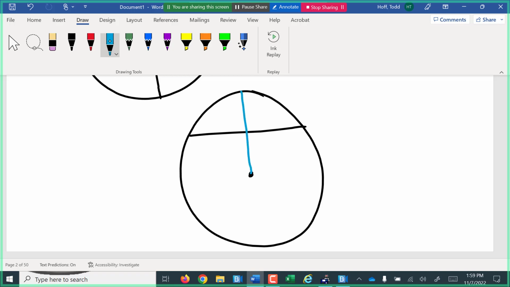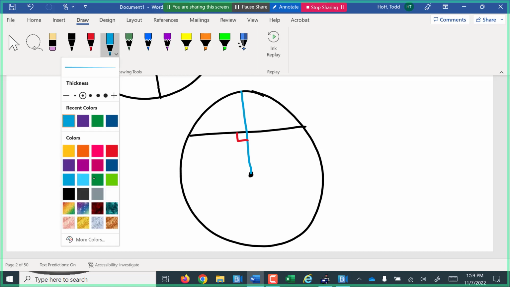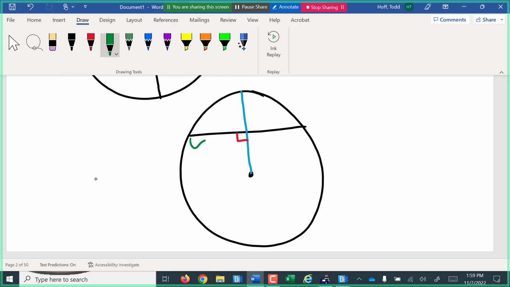If the radius of the circle cuts the chord at a right angle, so it hits it perpendicular, that means it cuts the chord in half. Those two pieces will be equal. The opposite is also true. If the radius happens to cut the chord in half, it has to intersect it at a right angle.